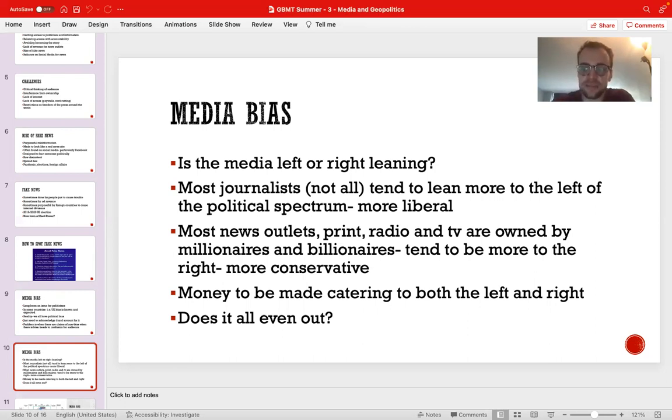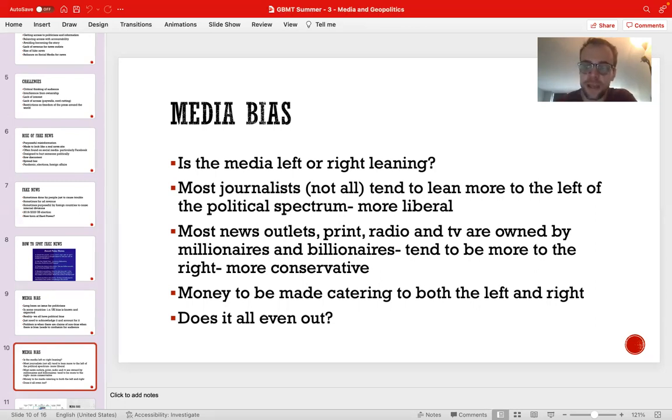This has led some to dismiss news media as liberal or left-leaning institutions which are all biased in this way. Well, this is not always the truth, as many of the news institutions are owned by billionaires, such as Rupert Murdoch or Jeff Bezos, who tend to be, due to their economic interests, more right-wing or conservative-leaning.